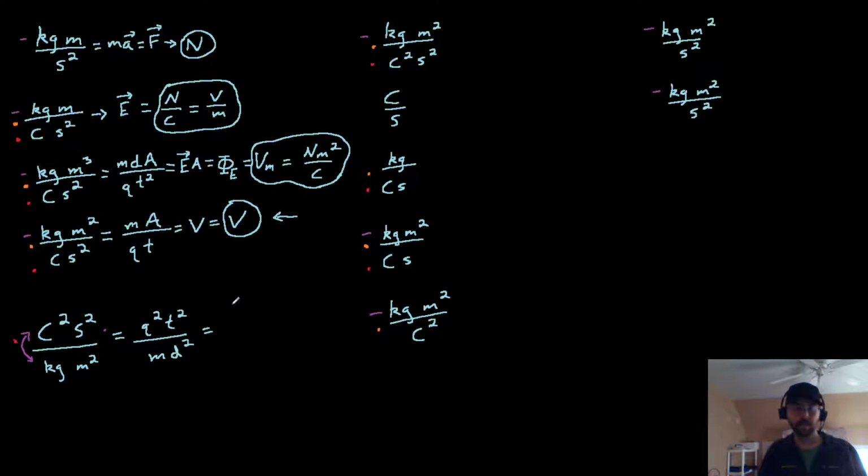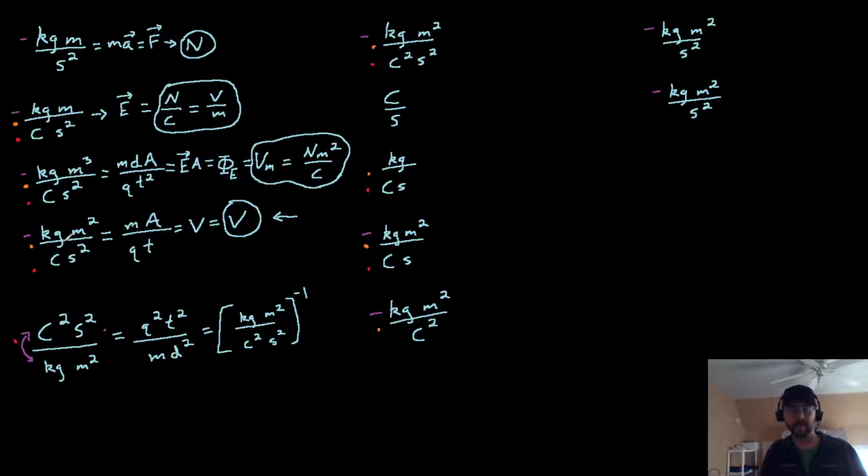So this is another one I don't have a good conceptual explanation for, but let's see what happens when we take kilograms times meters squared over top of coulomb squared times second squared. And then this would be to the negative 1.